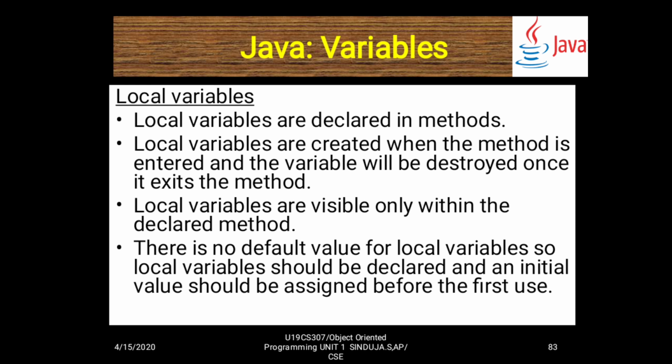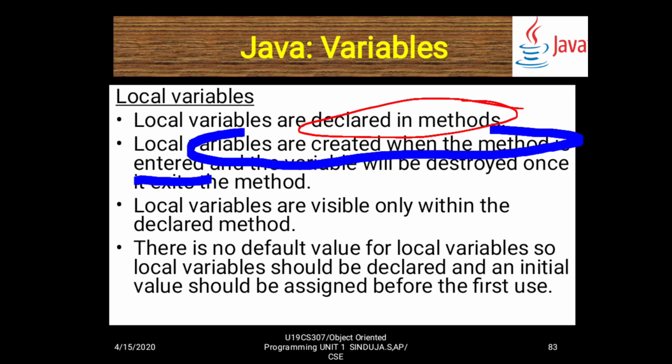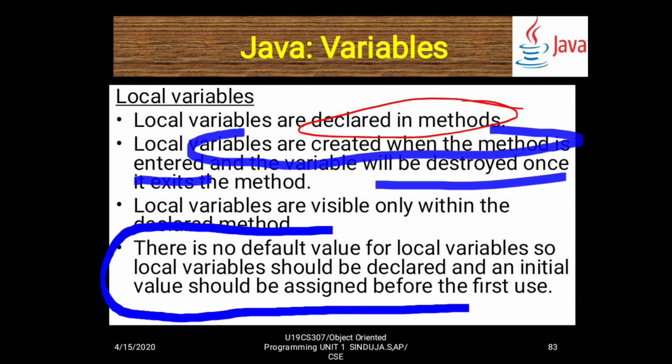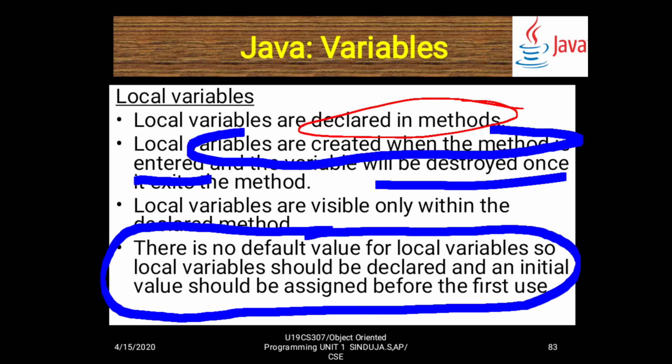As I told earlier, local variables are declared in methods. Local variables are created when the method is entered and destroyed when it exits. And the last line you should keep in memory. This is new when compared with other programming languages.